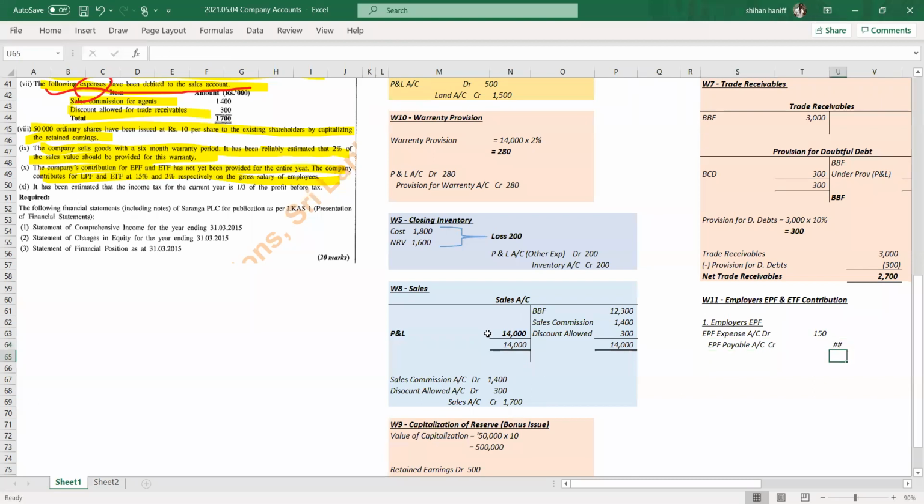So that is the double entry for the employer's EPF contribution.